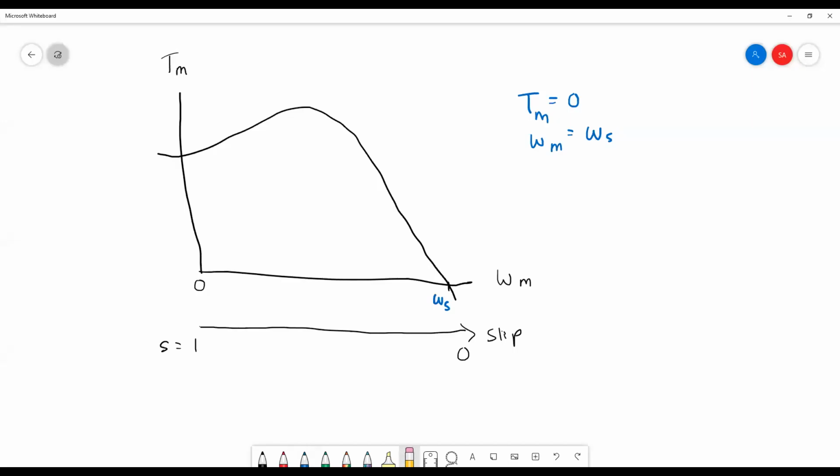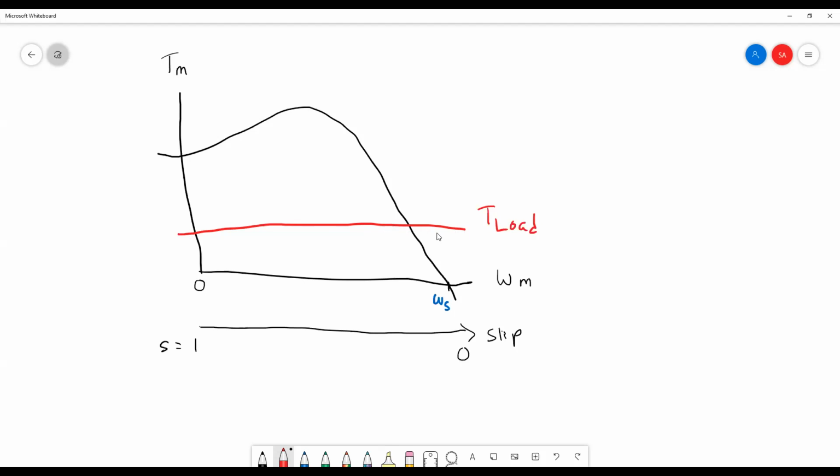Now my question to you is how to determine the speed of the motor. The speed of the motor is determined based on the intersection between the characteristic of the motor and the torque load. For example, this is the torque-speed characteristic of the motor, and you have a constant torque load here, the red color.